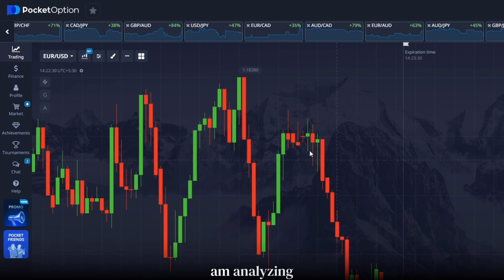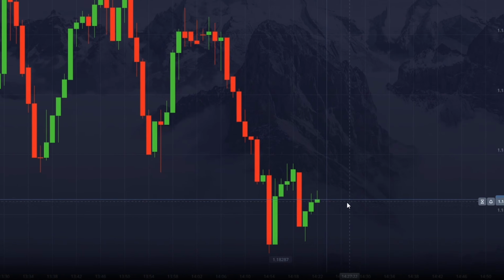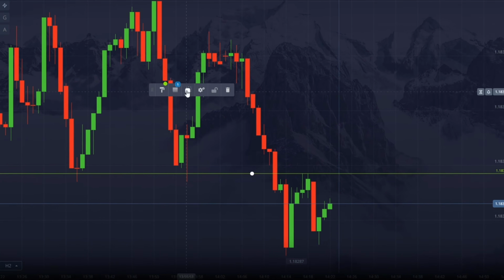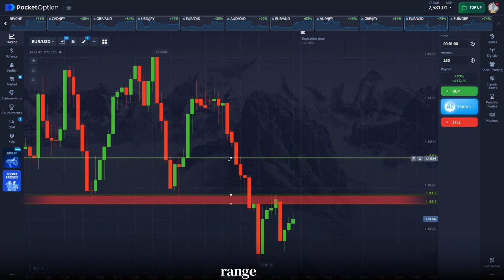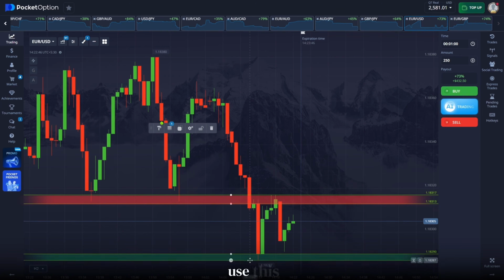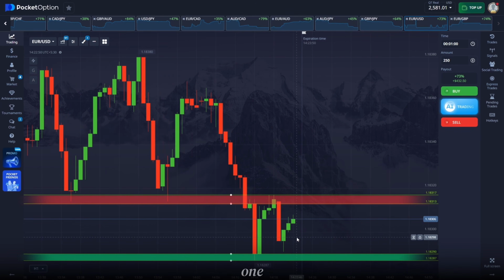Right now I'm analyzing the Euro US dollar chart and I have trading opportunities here. Let me first draw the key level. So this is the resistance range and this is the support range. Now I will use this zone for a reversal trade, but I have one important condition.